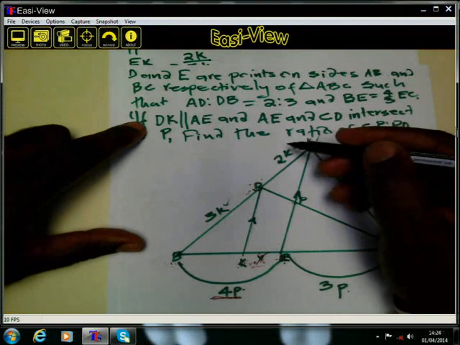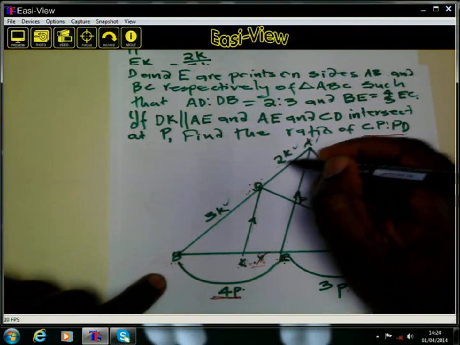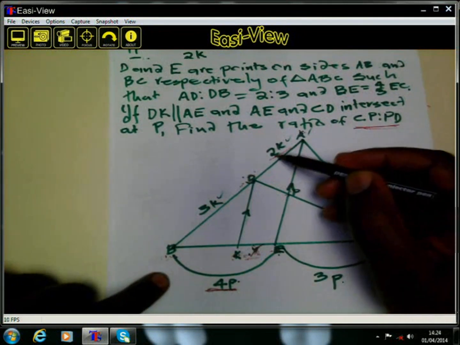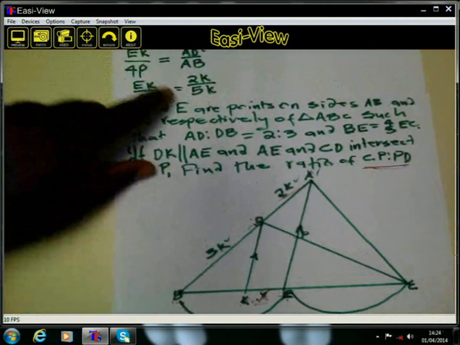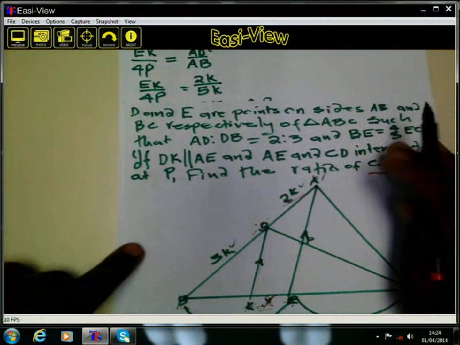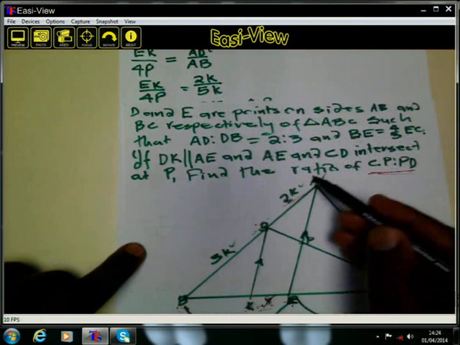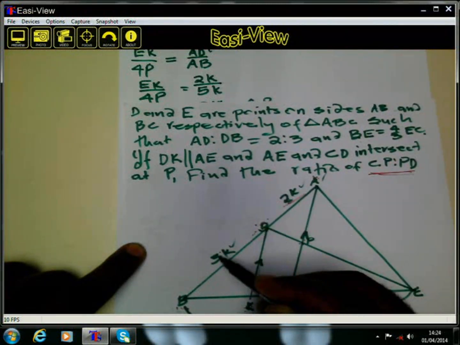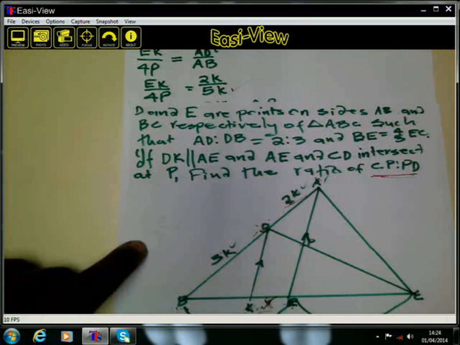But we fortunately know the value of AD. AD is 2K. That's why we represent this as 2K over AB. AB will be 5K. Remember, it's just an addition of 2 plus 3, which gives you 5K.